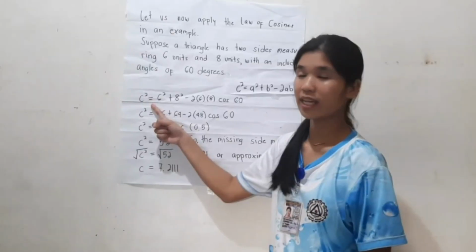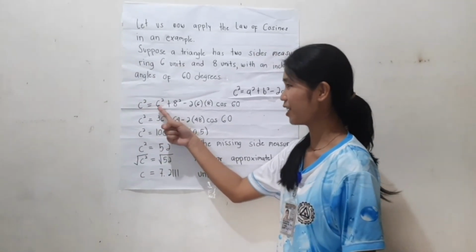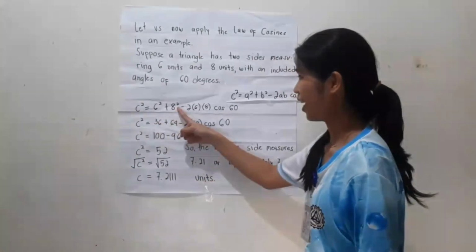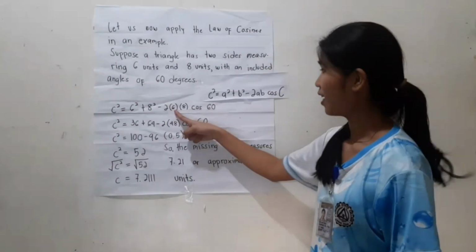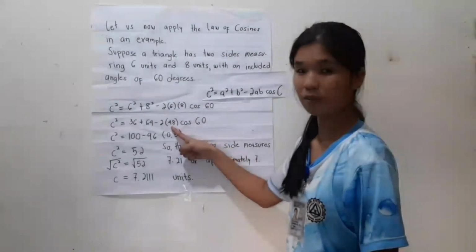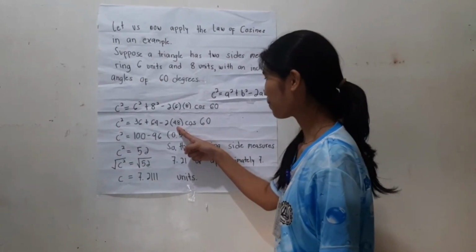Since we all know that 6 squared is equal to 36 and 8 squared is equal to 64, then we multiply 6 times 8 is equal to 48.